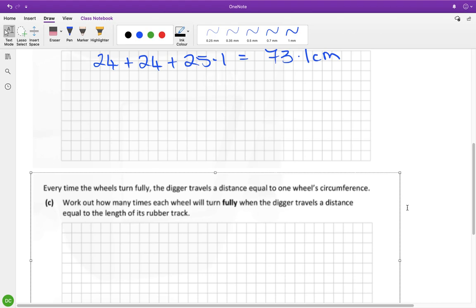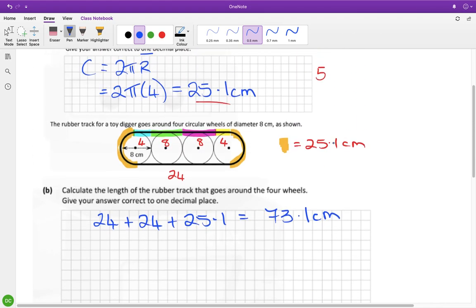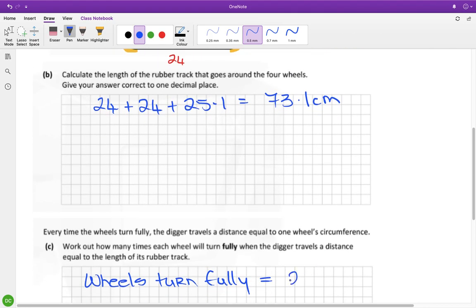Okay, so each time the wheels turn fully, the digger travels, so I'm just going to write this down because it's very wordy. So wheels turn fully, that equals the distance equals one wheel circumference, which was 25.1. So that is 25.1 centimeters.